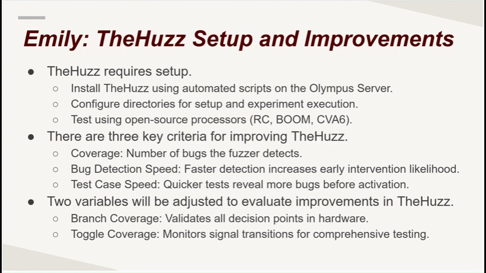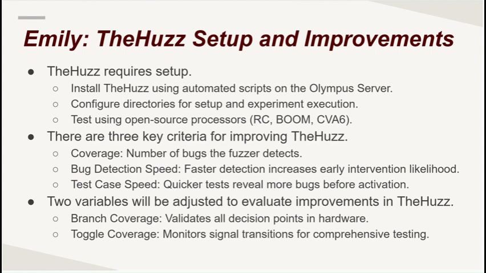To improve the HUZ, we focus on 3 areas: how many bugs it can detect, how quickly it can find them, and how fast each test runs. Faster and more efficient tests mean more bugs are found before they cause problems. We test 2 specific features to try and refine the HUZ in accordance with these standards.